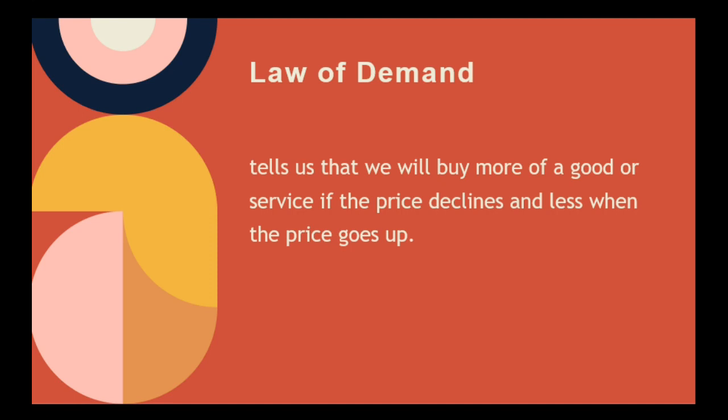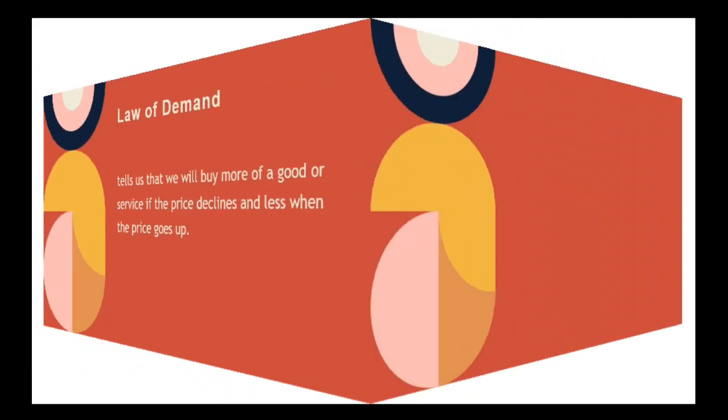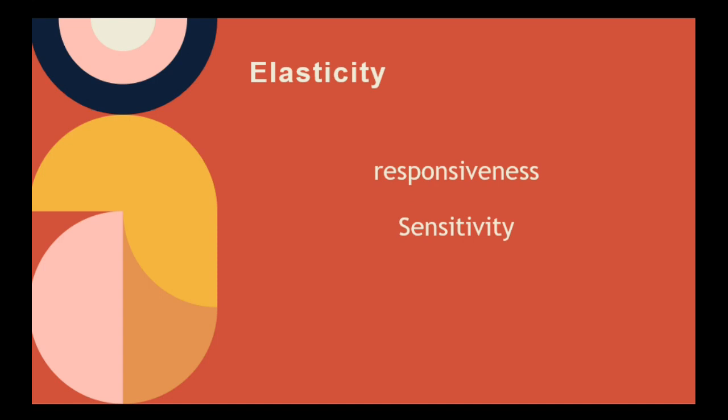Economists have developed the concept of elasticity to explain how consumers respond to changes in the factors that affect demand. You may have first encountered the term elasticity in your physics subject, which refers to the expansion or contraction of physical matter such as rubber. In economics, however, elasticity means responsiveness or sensitivity.